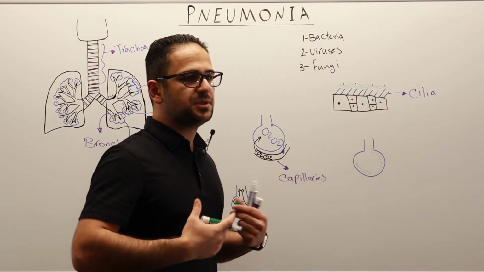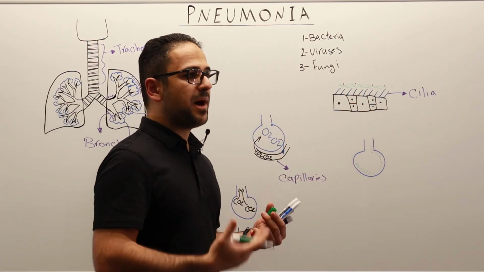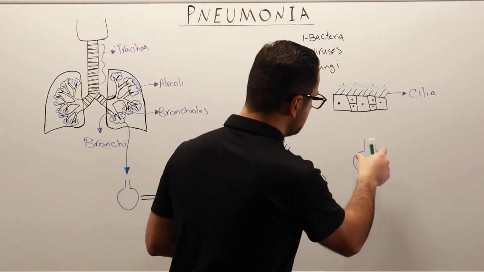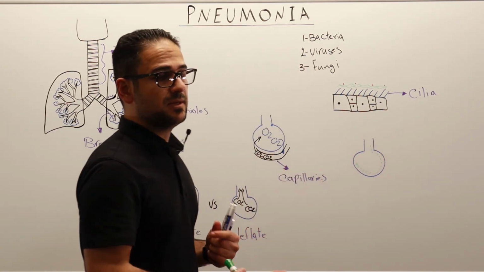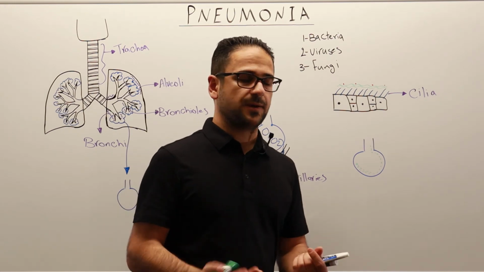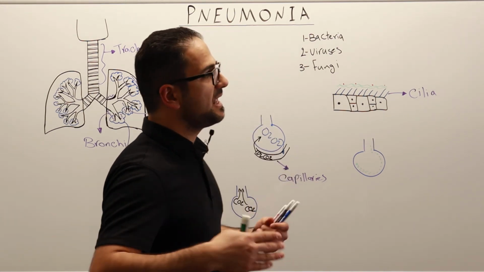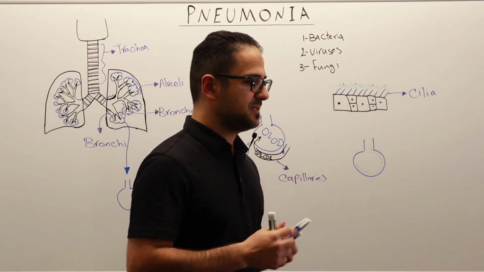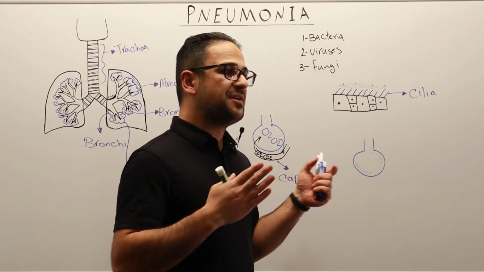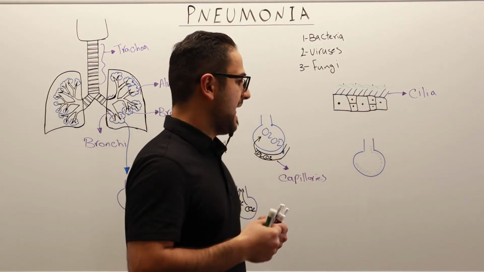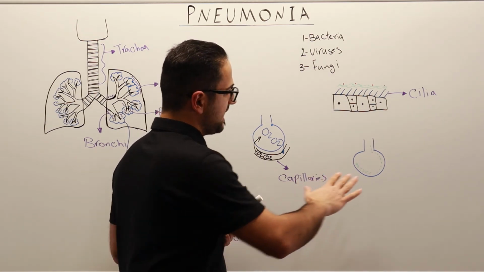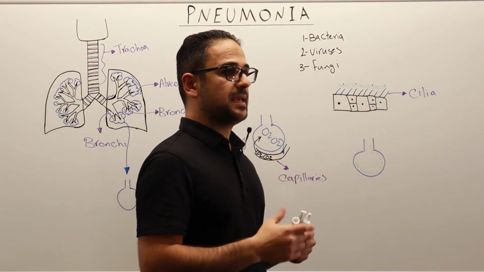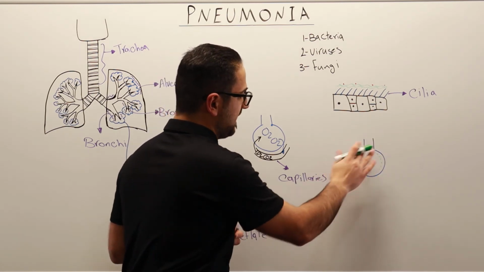And the body is going to respond to this with the immune system. So the immune system will start fighting these germs and trying to eliminate them to prevent that person from getting sick. And for those people who are ill, fatigued, or whose immune system is compromised or not as strong as it used to be, the multiplication of these germs is going to overwhelm the immune system, leading to inflammation of this alveoli.